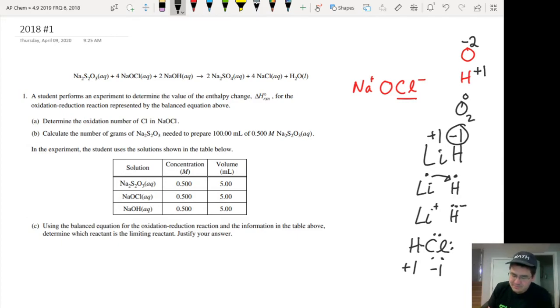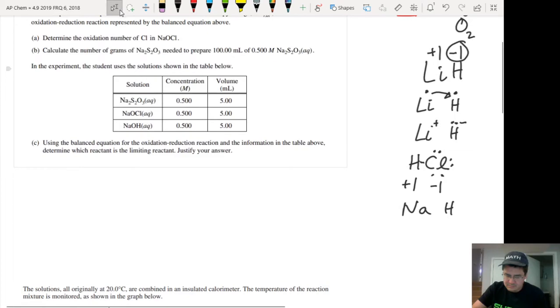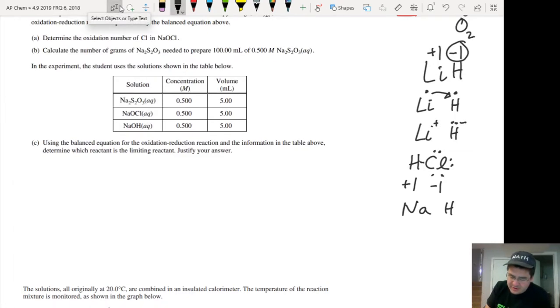So why doesn't, let's say we put sodium and hydrogen together, right? Since sodium also has one valence electron, why doesn't sodium give its valence electron to hydrogen? Due to the fact that, so NaH is sodium hydride.